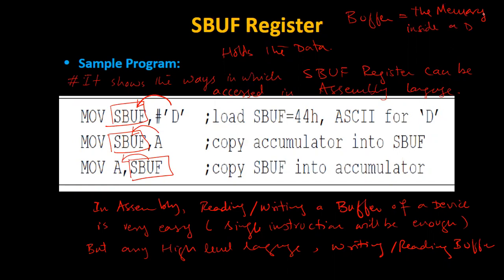Now by device what I mean is, it may be a serial port, even it can be let's say a printer, it can be a data acquisition device, hardware, ठीक है?